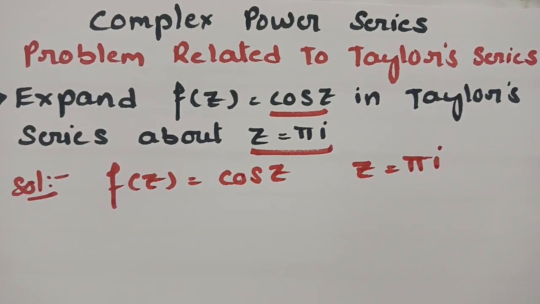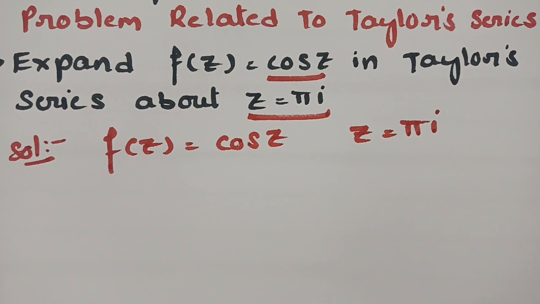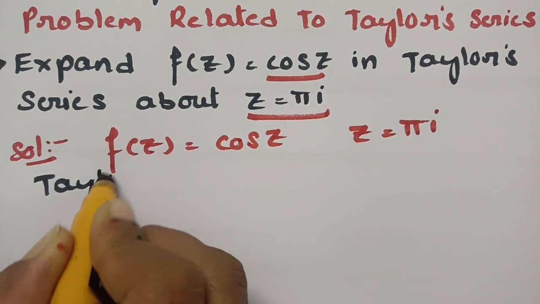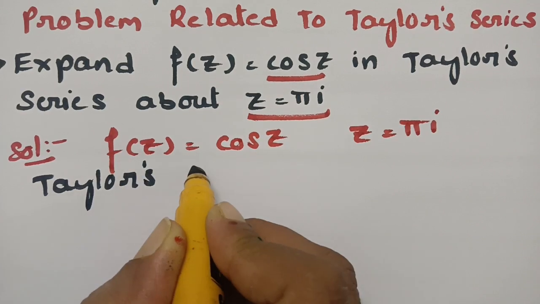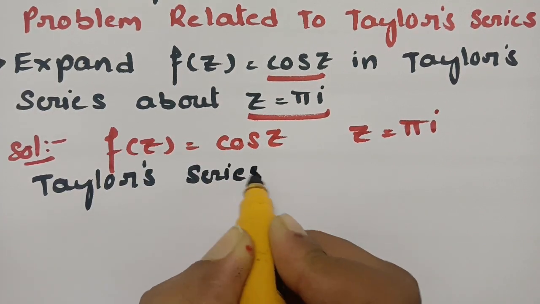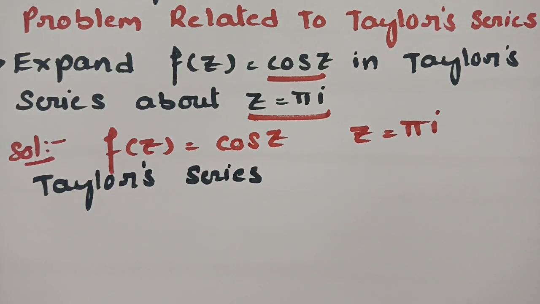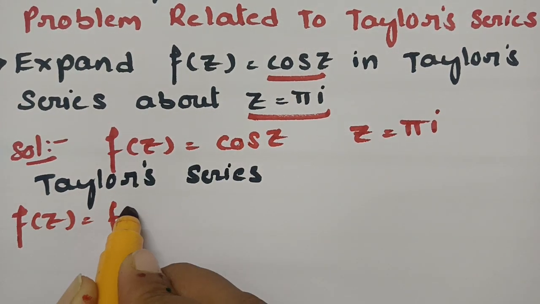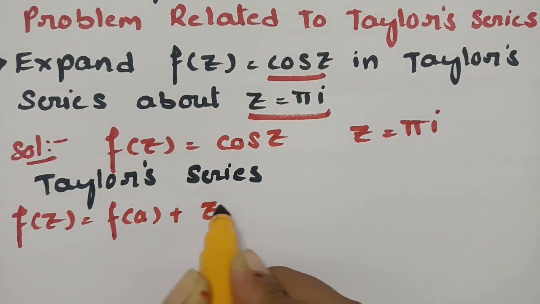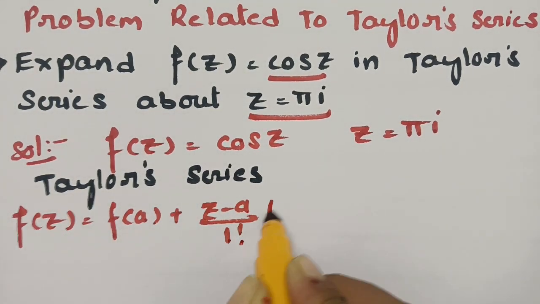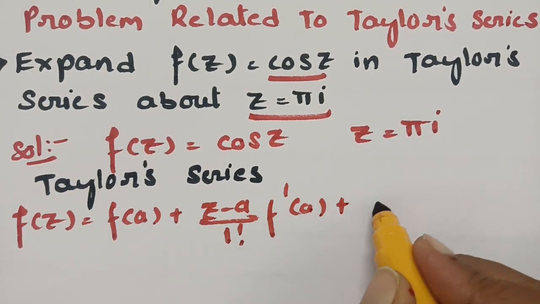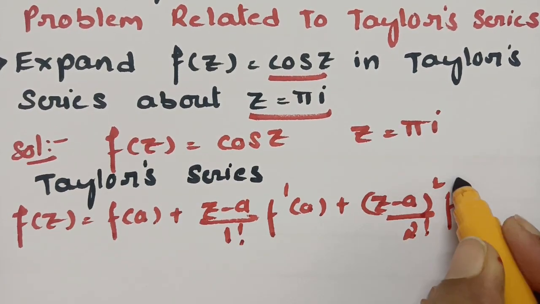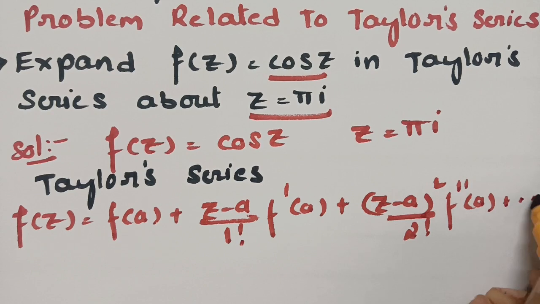So what is this Taylor's expansion? According to our Taylor series expansion, we have the series as f of z is equal to f of a plus (z minus a) by 1 factorial into f dash of a plus (z minus a) whole square by 2 factorial into f double dash of a plus and so on.